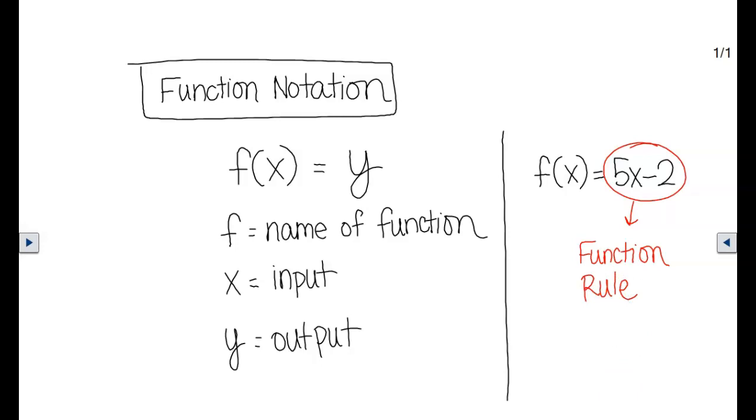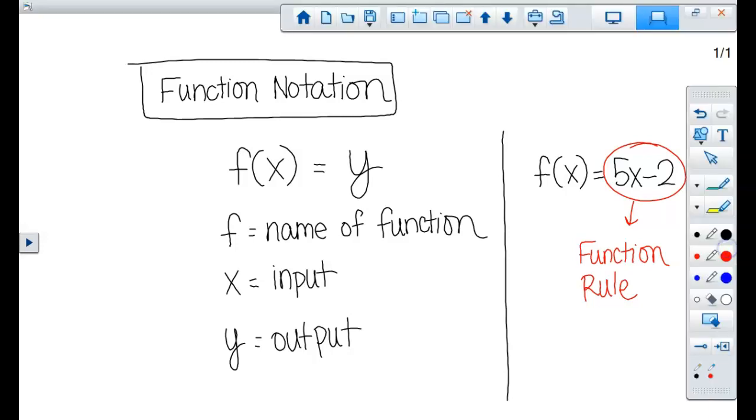When I input an x, this function is going to do 5 times whatever x is and subtract 2, and that's how it'll figure out what that output needs to be. These function rules are especially useful because they tell us specifically how x's and y's are related by a particular function. We've worked with all of this for a few days now. Hopefully we're getting good and comfortable with that, and if not, you're going to let me know.